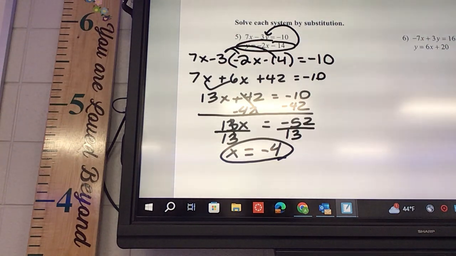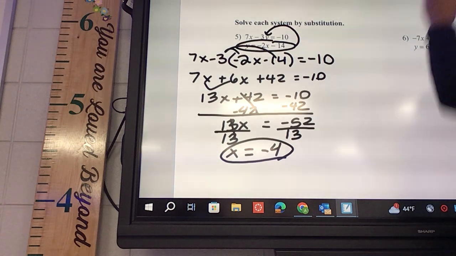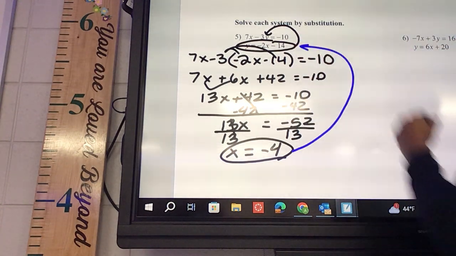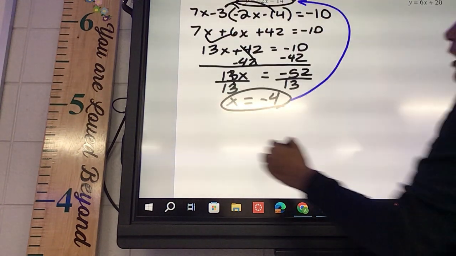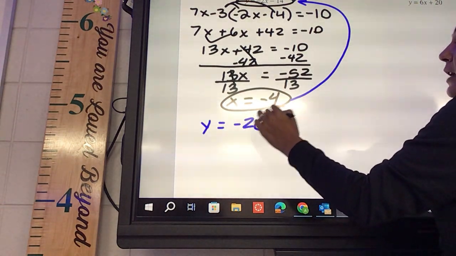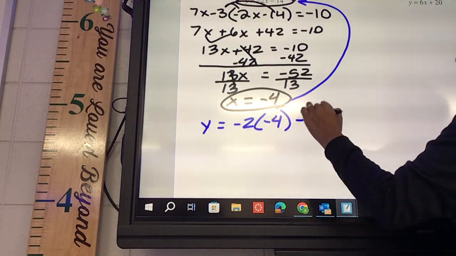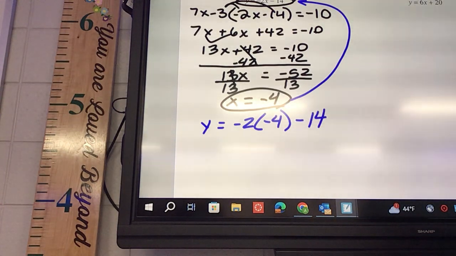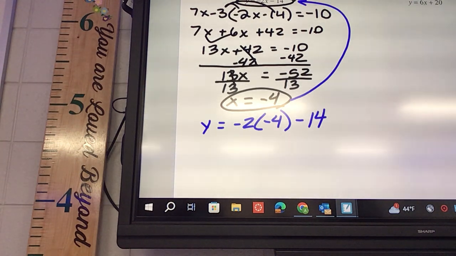Okay, and then from here, we're gonna plug it into my circled stuff here. So that's y equals -2, and where the x is at, we're putting a -4 minus 14. You can just type all that in your calculator just like that.